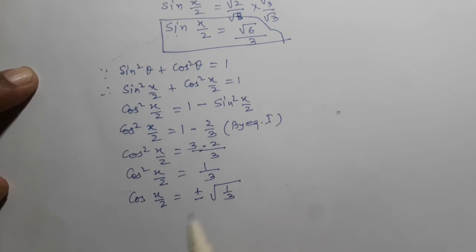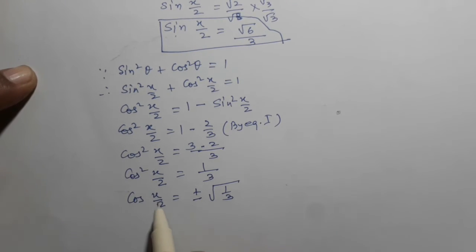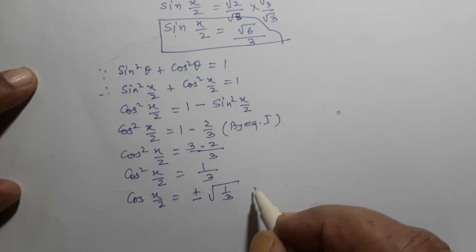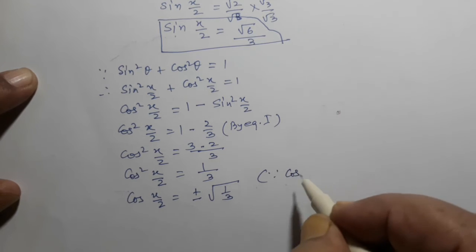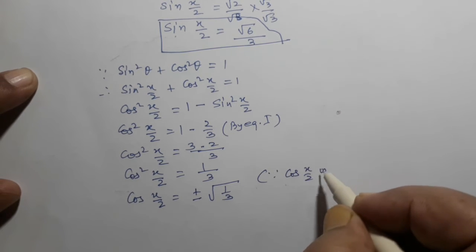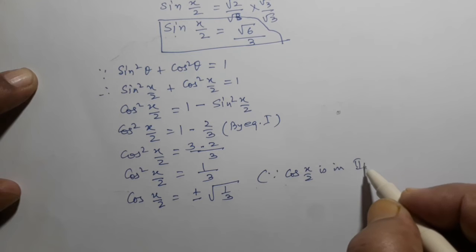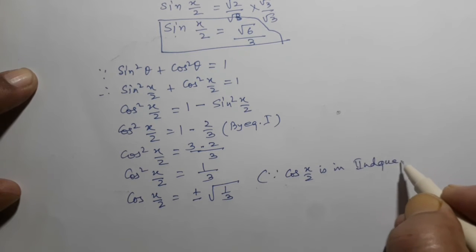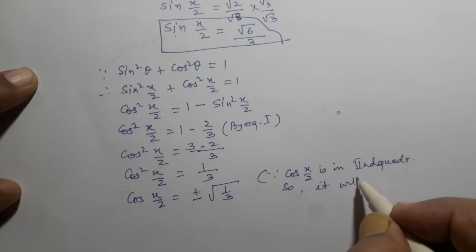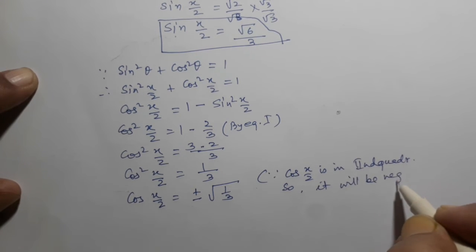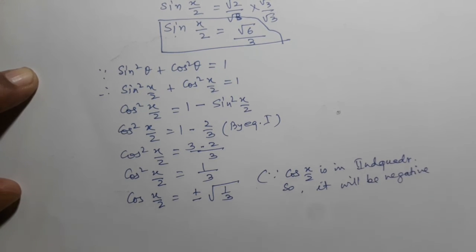And cos x by 2 will be plus minus root 1 by 3. Since cos x by 2 is in second quadrant, it will be negative, right?